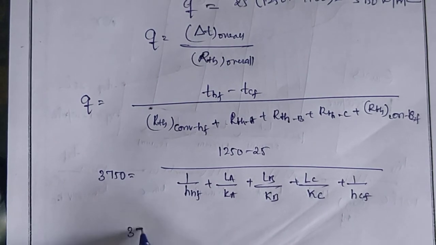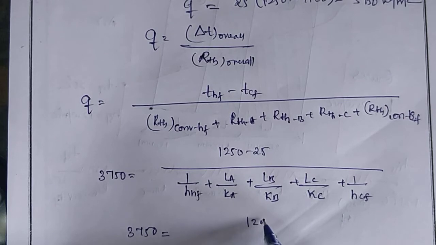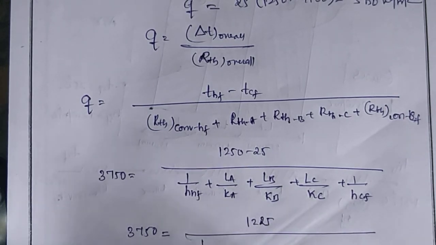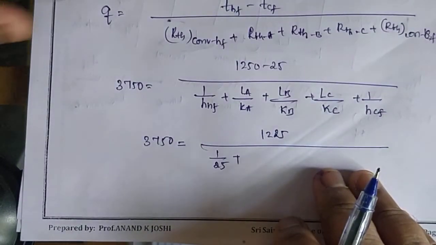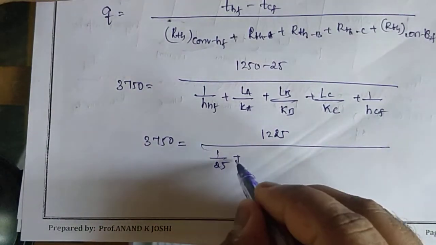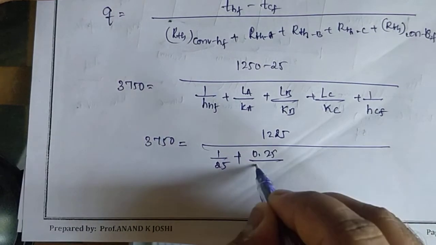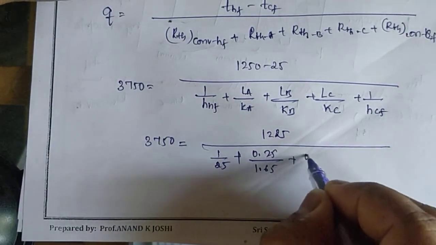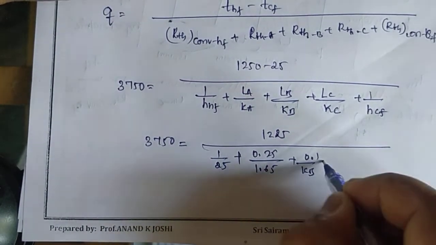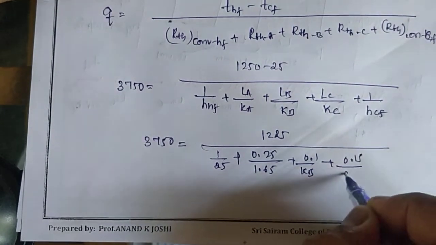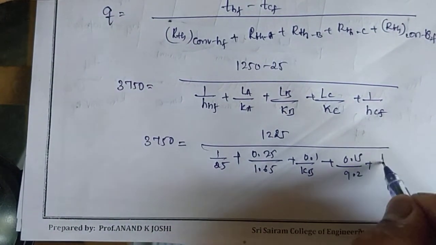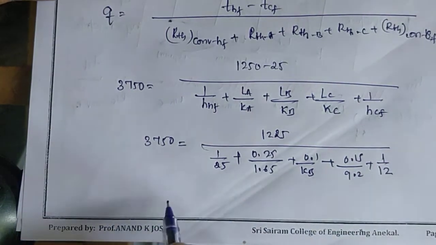3750 is equal to 1225 whole divided by (1 divided by 25 plus 0.25 divided by 1.65 plus 0.1 divided by KB plus 0.15 divided by 9.2 plus 1 divided by 12).